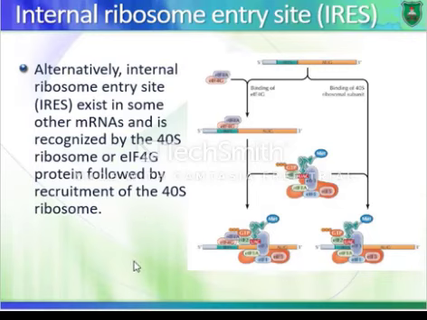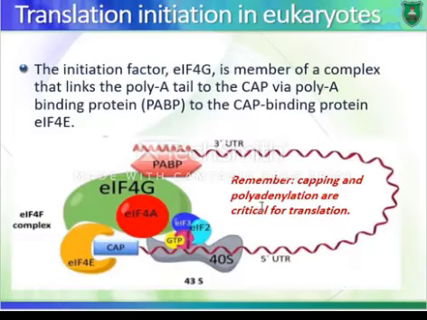In many of the RNA viruses, we don't have the 5' cap, and they use the IRES to recruit the small ribosomal subunits and initiate the translation. But also some eukaryotic genes and eukaryotic messenger RNAs use this IRES for recruiting the small ribosomal subunits and initiating the translation.